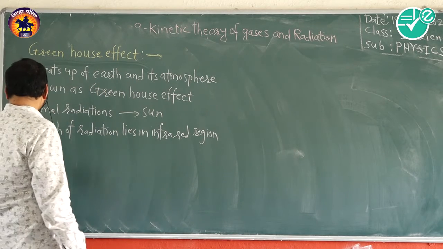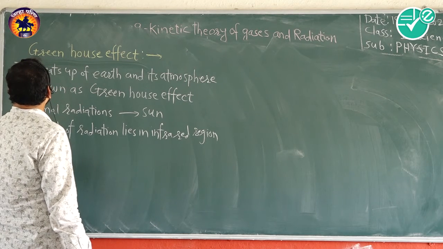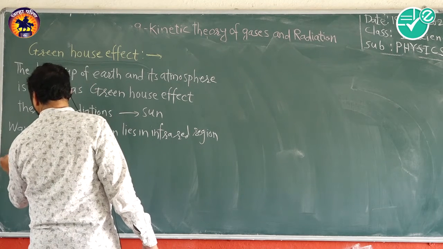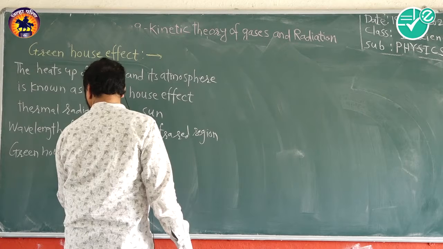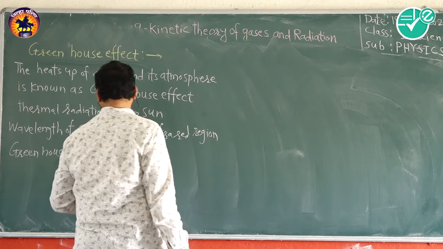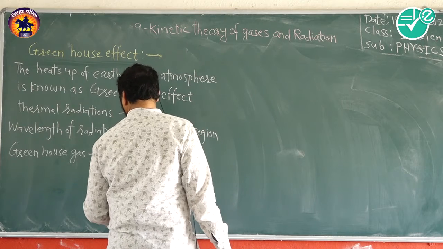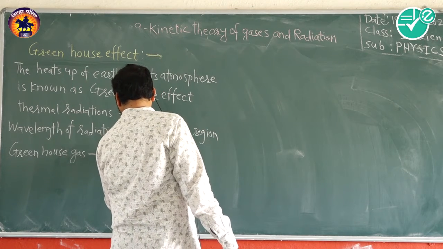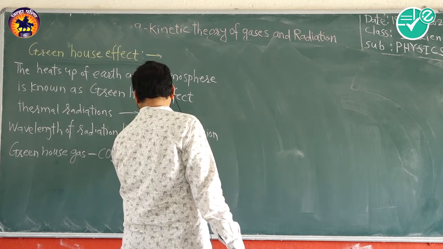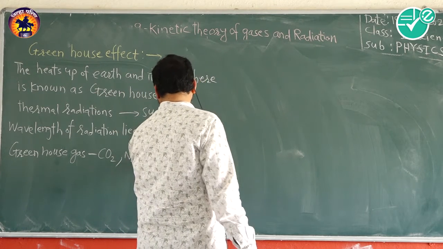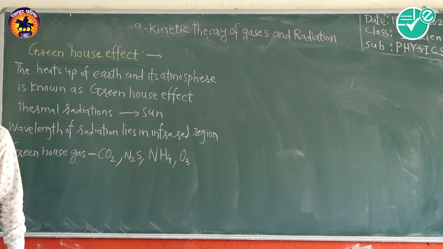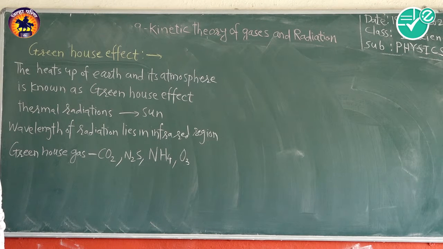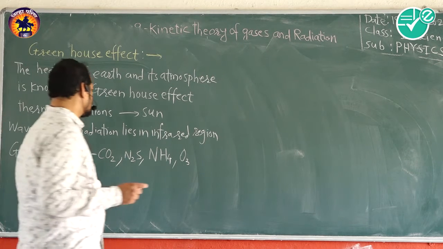So here the major portion is of the greenhouse gases, that are carbon dioxide, CO2, then nitrous oxide, N2O, then methane, CH4, and tropospheric ozone, that is O3, and chlorofluorocarbons, they are also present.